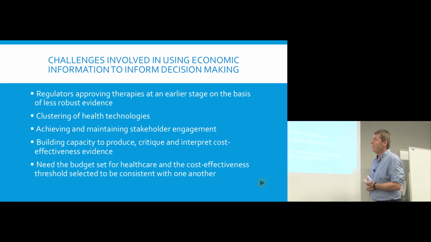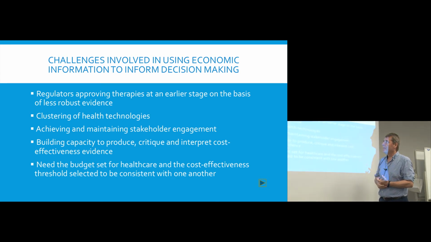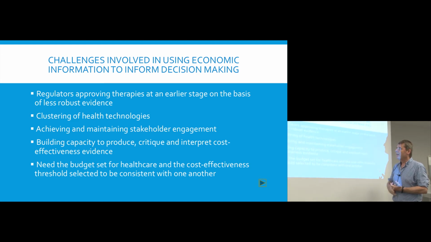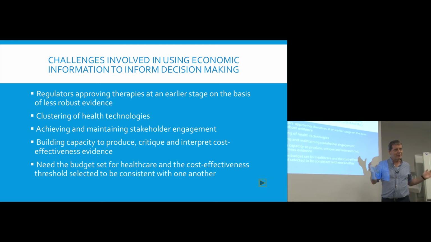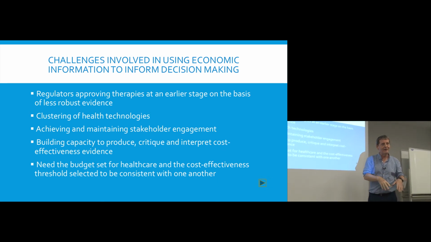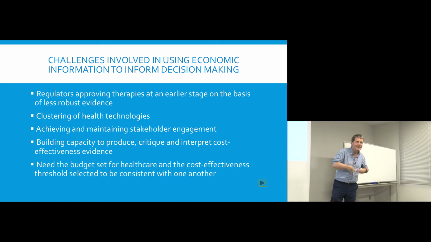And the challenge is this, that with the regulators approving drugs at an earlier stage, there's a real pressure on the health technology assessment bodies to make decisions at an early stage.